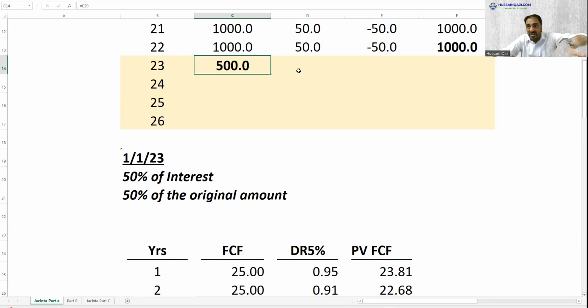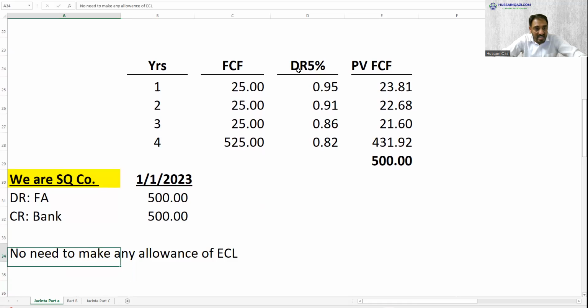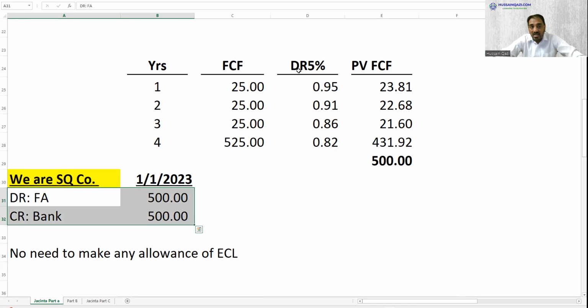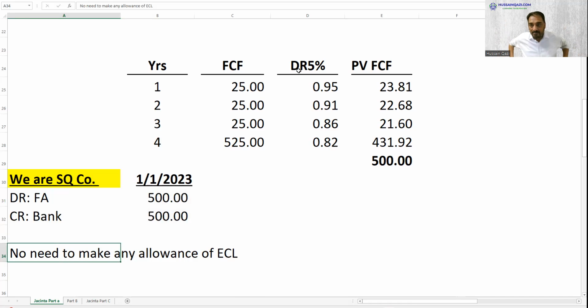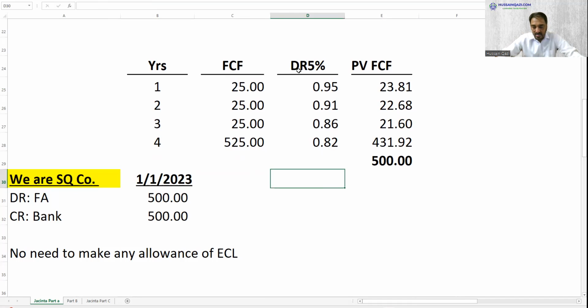Now the value has become 500. So that's why we only need to report financial asset and bank credit. No need to make any allowance of ECL. First point. So I hope it's very clear what the meaning of a purchased credit impaired financial asset is. It's very simple. So our role starts with this.